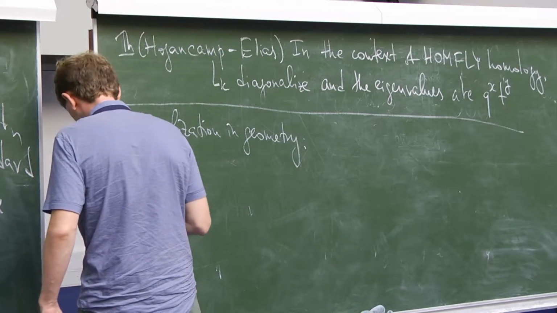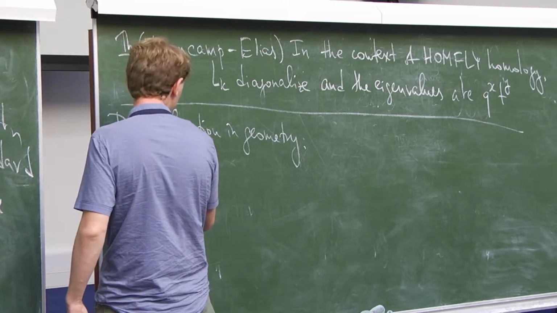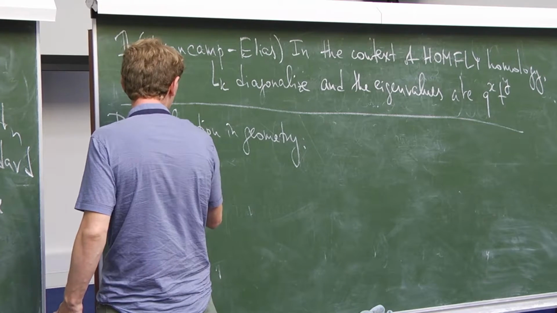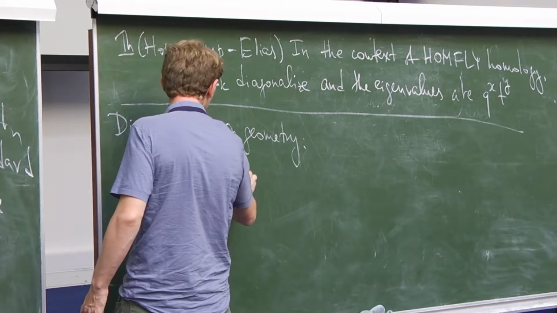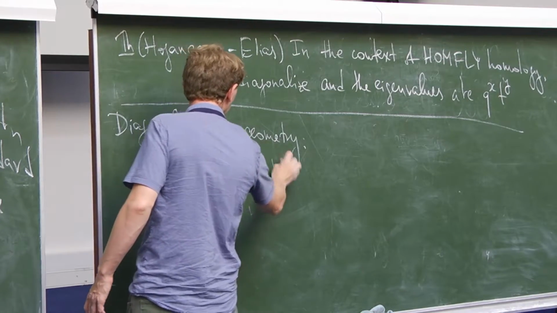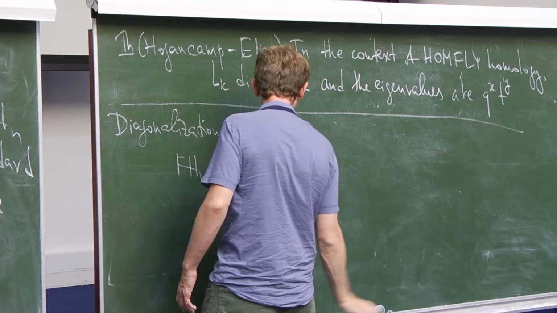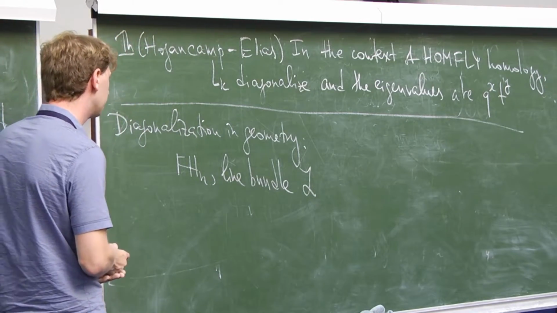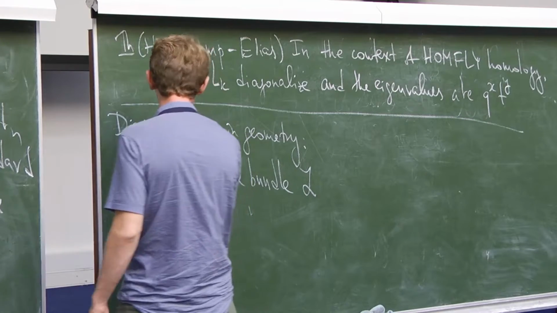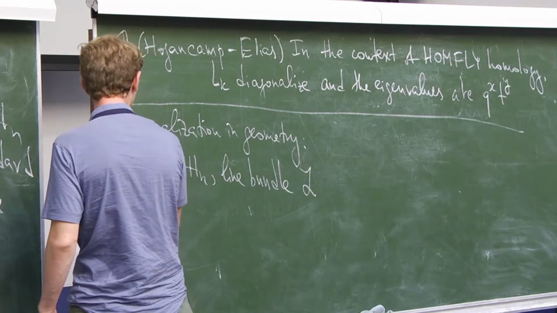Well, let's suppose that we have some variety, for example of Hn, and we have this line bundle L. So what are the eigenvectors and eigenvalues? And let's say we have some torus action C star.